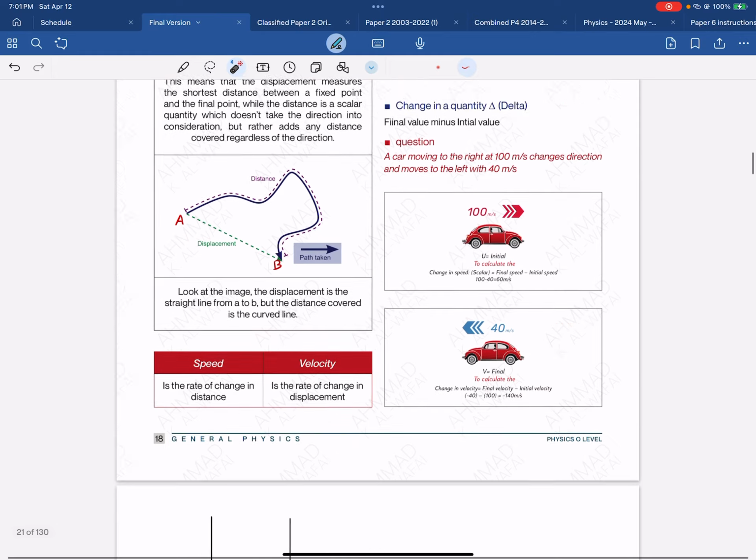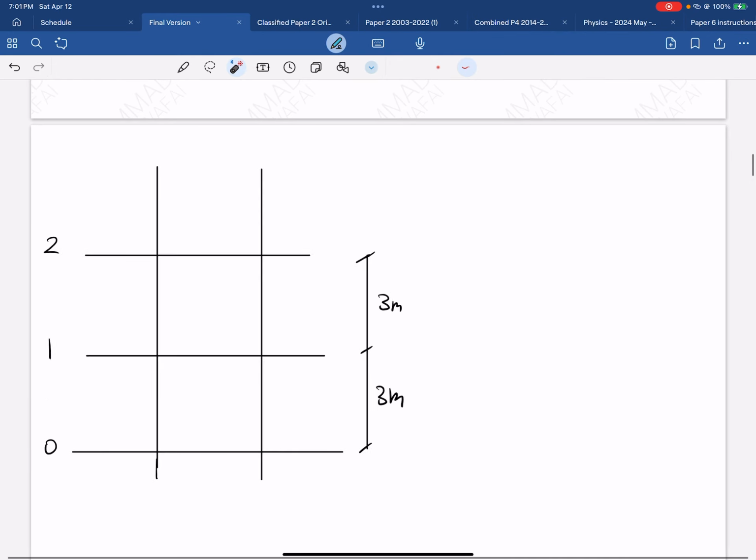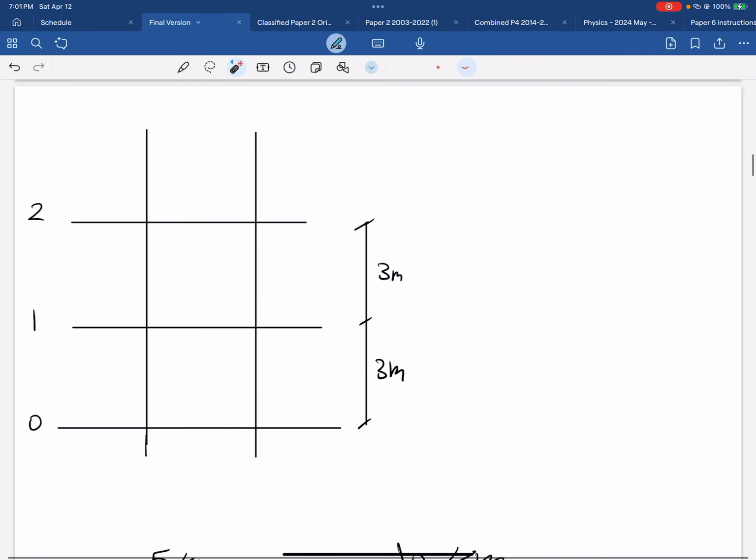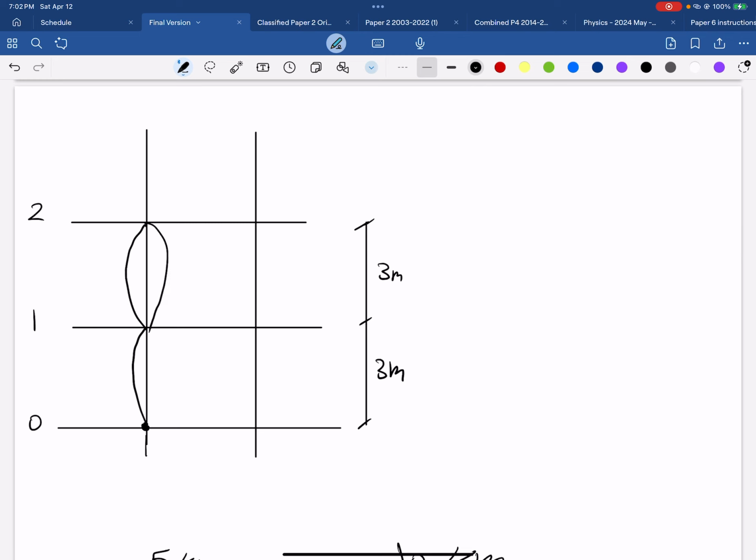Okay, now let's take a more detailed example. So let's say you are in an elevator. You go into the first, 0 floor, which is the ground. You go up to the first and then to the second, and then you go back to the first again. So in order to calculate the distance and the displacement, let's see how that is going to be. The distance is you just basically adding up.